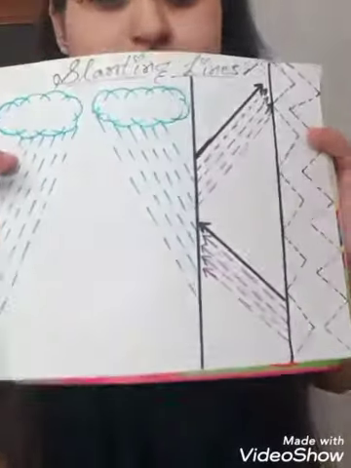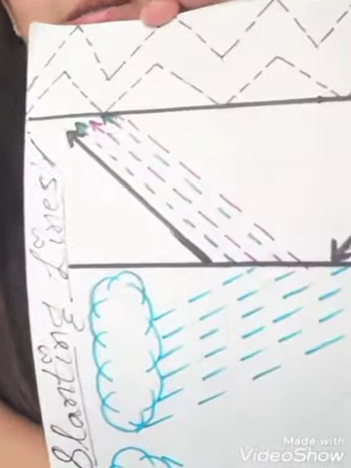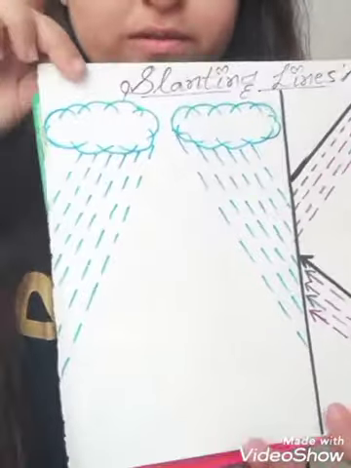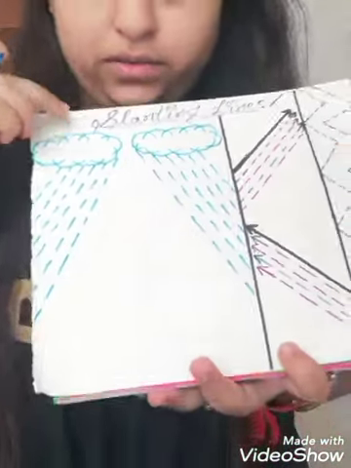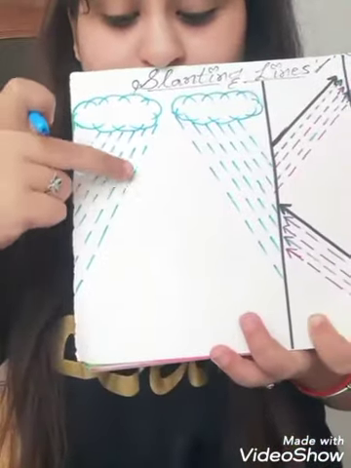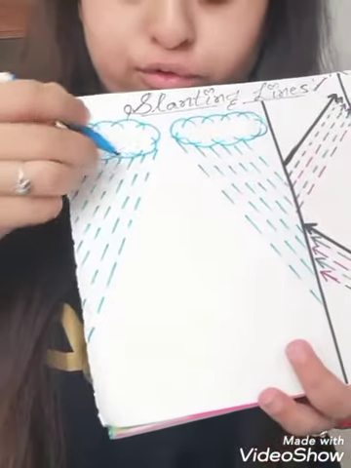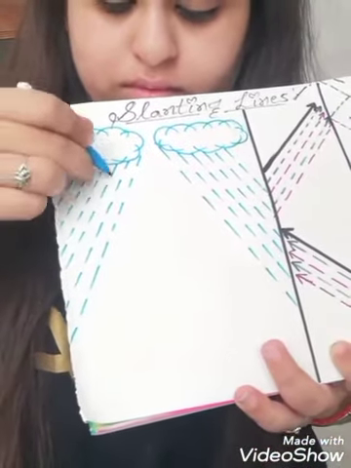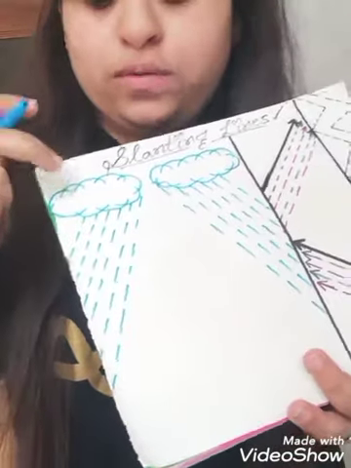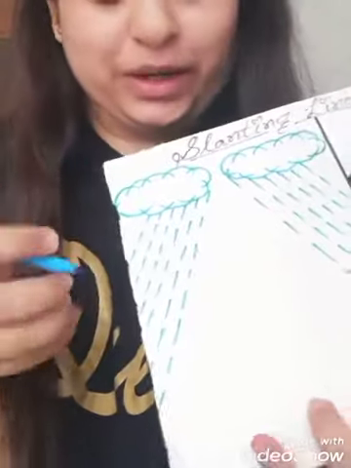So kids, this is an activity for you. Just have a look. So let's do it. This is our first activity. Just start with an activity. These are clouds and the rain is coming from the clouds, so we have to draw these lines. The rain falls in the slanting way, so we will make the rain fall in the slanting way only.